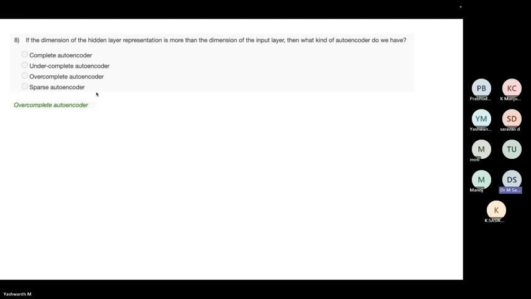Both equal? Equal, I think. Yeah. The last three are pretty obvious, but I'm guessing the first one.